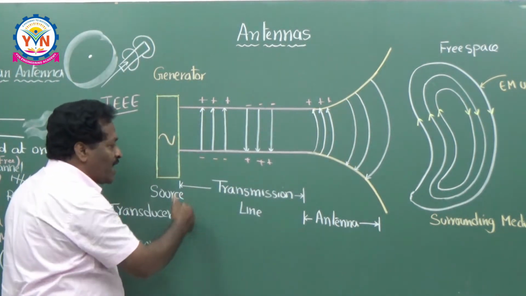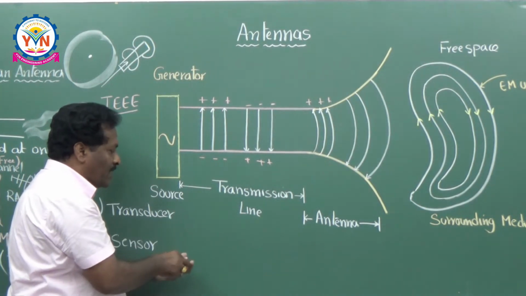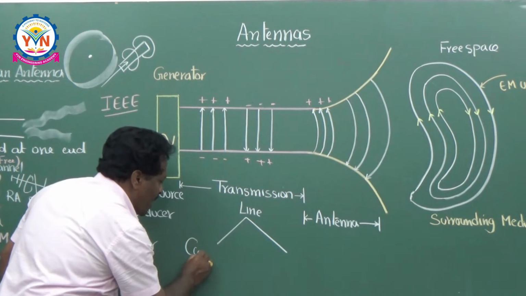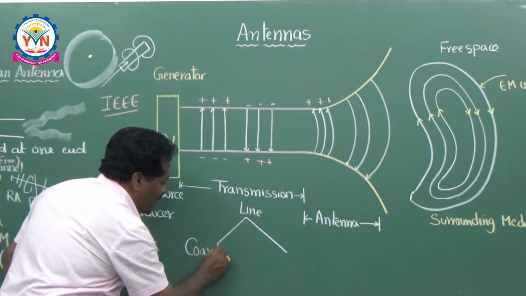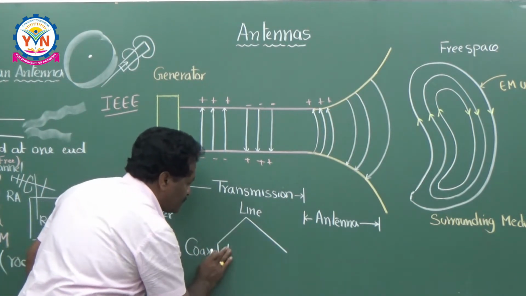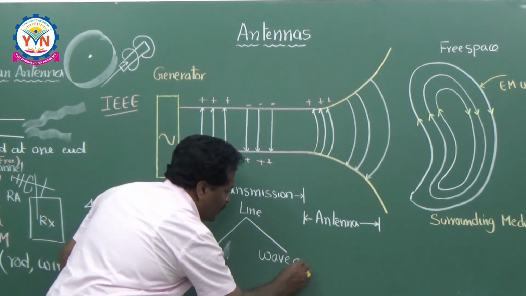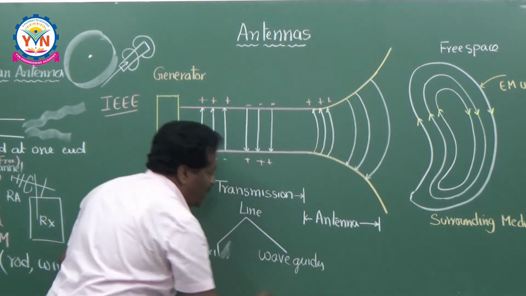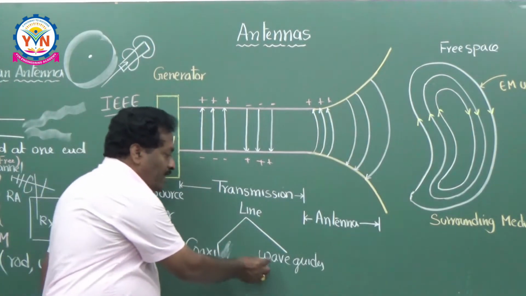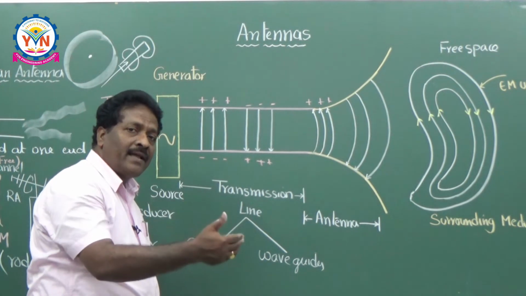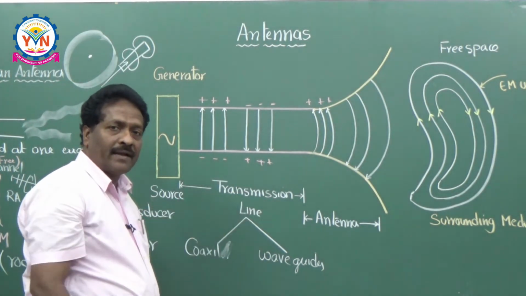So what are the different types of transmission lines that are possible here? You can go for either a coaxial line, coaxial cables you can use, or otherwise even waveguides you can utilize. In future classes I can tell you why waveguides are preferred. Why do waveguides come into the picture? They are meant for guiding the maximum power on these lines.